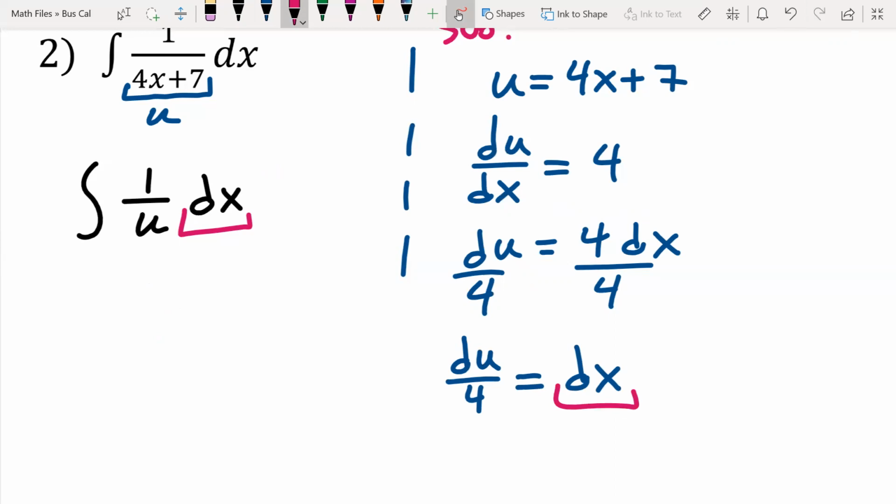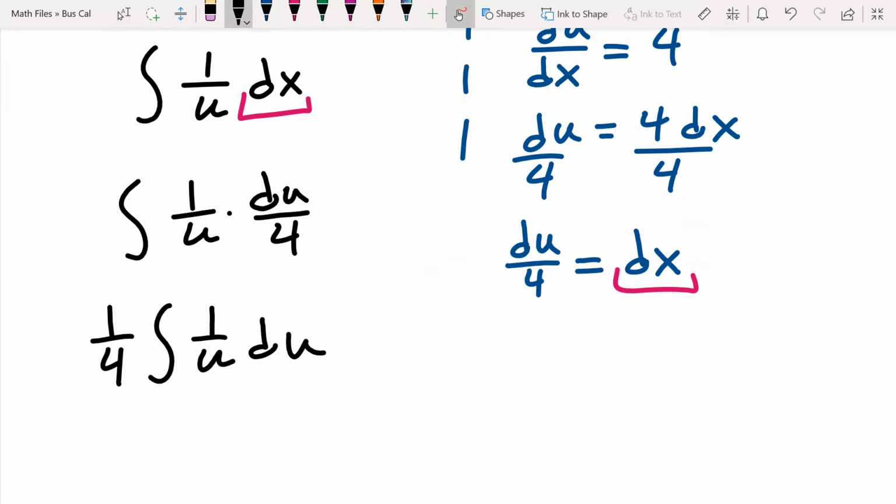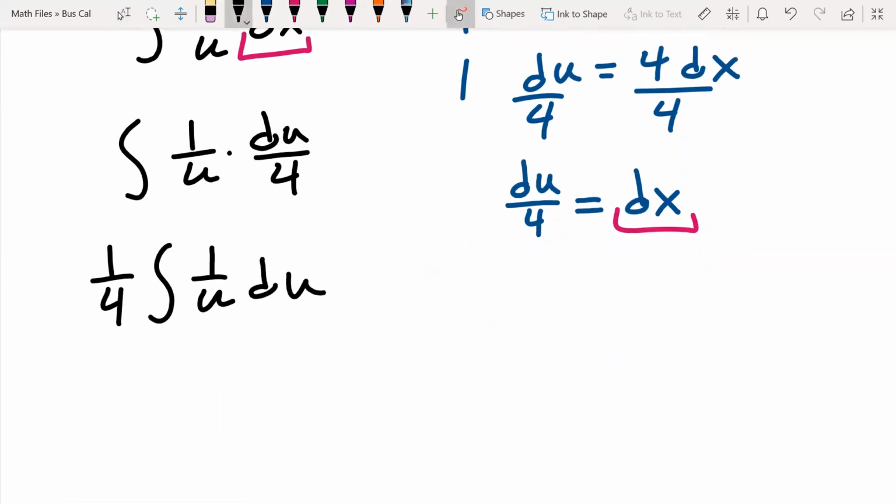So those match up, and we're left with the integral of 1 over u times du over 4. And now I'm going to fix up the integral on the left. I'm going to pull out that fraction of 1/4. So this becomes 1/4 times the integral of 1 over u du. Now remember from your integral rules that the antiderivative of 1 over u is the natural log.